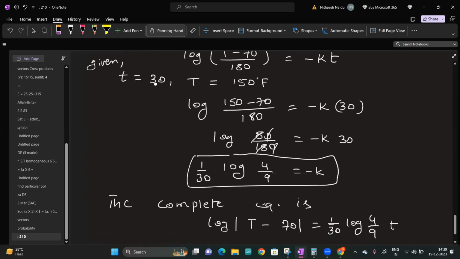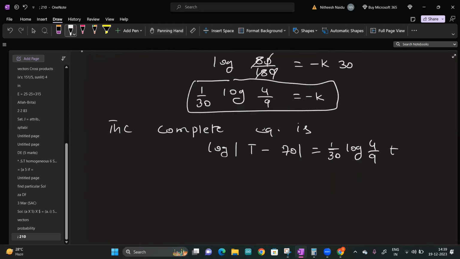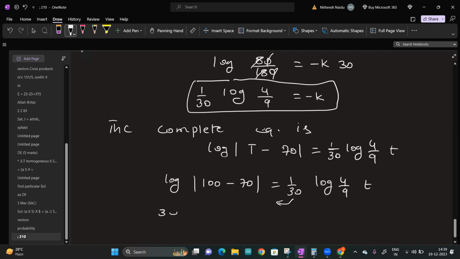Small t is equal to question mark. So log of (100 minus 70) is equal to 1 by 30 times log of 4 by 9 into t. Now 30 is moving, so t equals 30 log 30 divided by log 4 by 9. This is the time t.